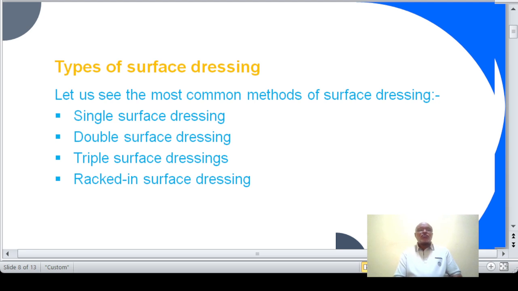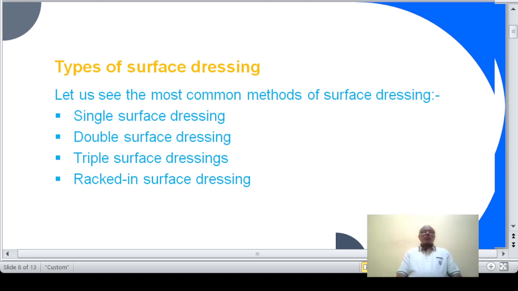This allows the chips of the first dressing to adopt a stable interlocking mosaic which provides a firm foundation for the second dressing. However, traffic and animals may cause contamination of the surface with mud or soil during this period, and this must be thoroughly swept off before the second dressing is applied.